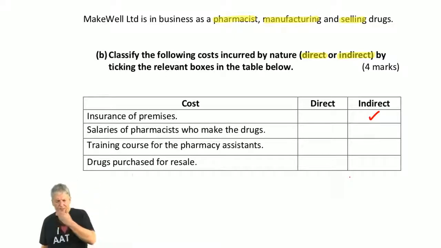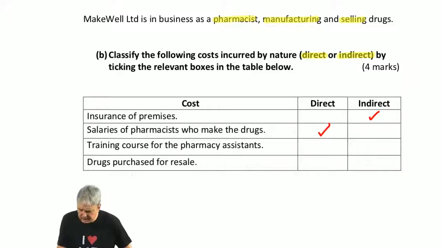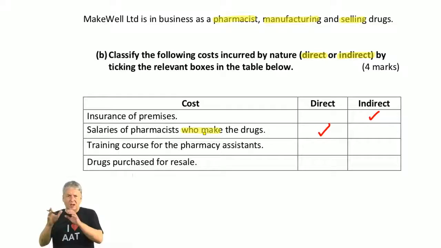Salaries of pharmacists who make the drugs. Well, I think that the suggestion is that they must be direct, and it's this bit, who make. They are directly related to the making of the drug. That must be correct. Okay.